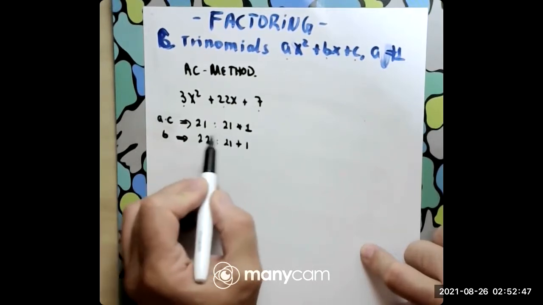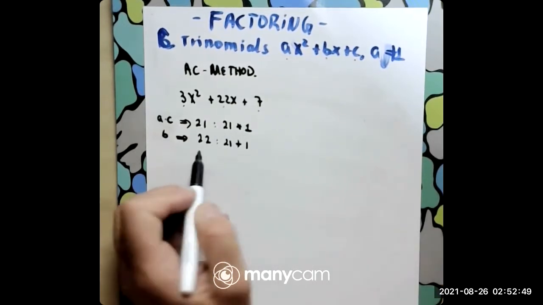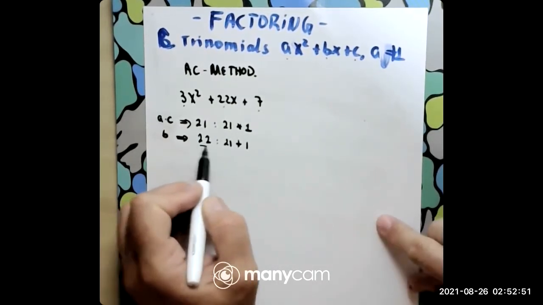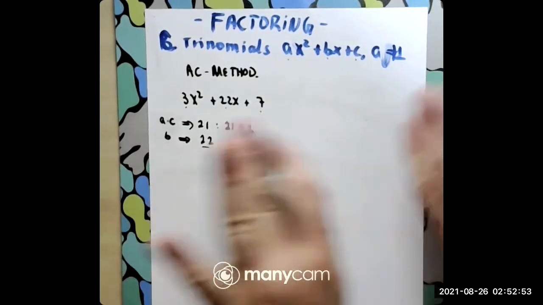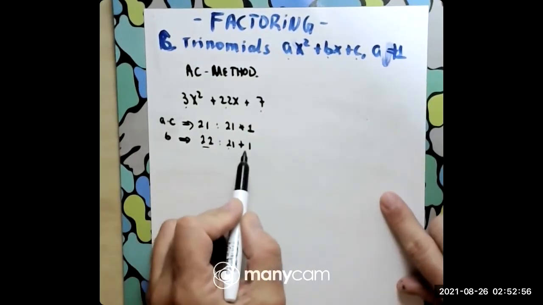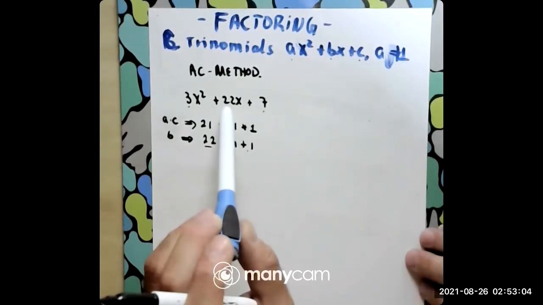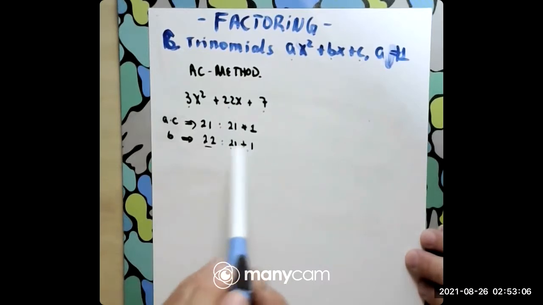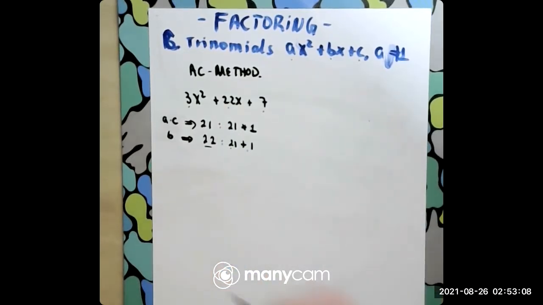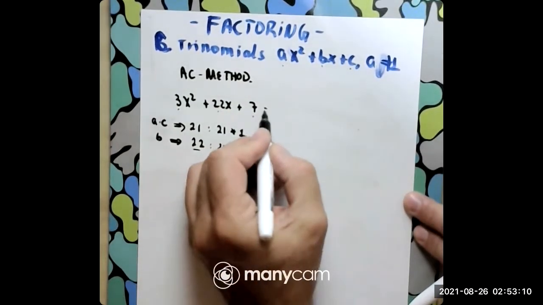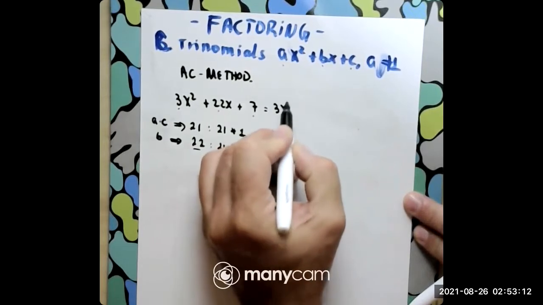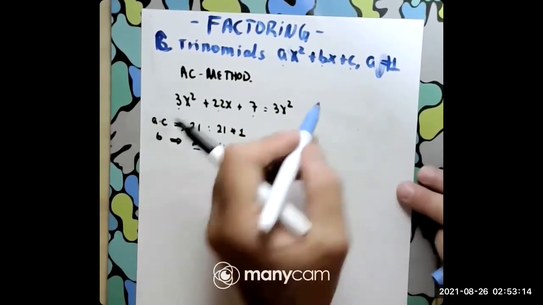So we just learned that 21 is 21 times 1, and 22, the B number, the middle number, can be broken down as 21 plus 1. That's exactly what we're going to do. We're going to rewrite the trinomial, but in this case, we're going to replace 22 by my lovely numbers here. So this is the same thing as 3x squared.